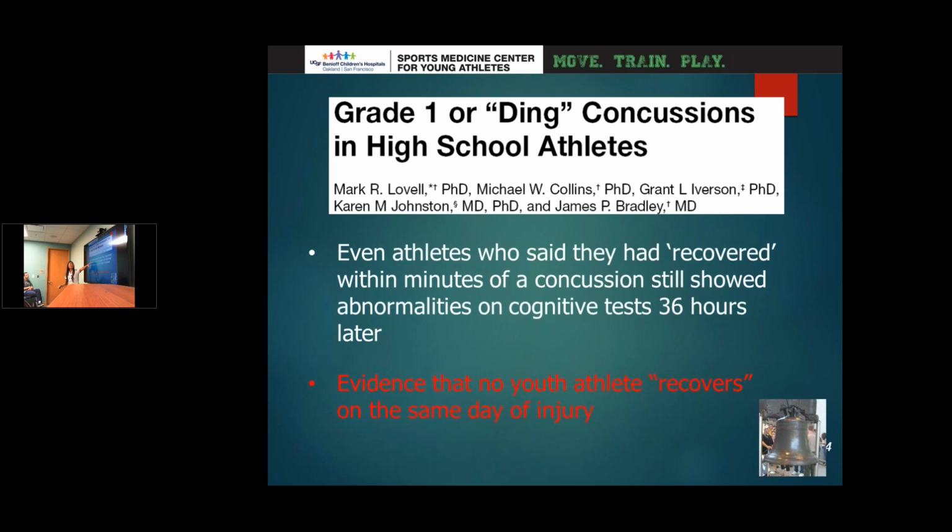But even the athletes who said they recovered within minutes of a concussion, I'm ready to go back, coach, put me back in, I'm ready to play, still showed abnormalities on cognitive tests 36 hours later, even though they swore that they had no symptoms, which shows you that no youth athlete recovers on the same day of the injury. Okay? Again, these were boys' high school football.